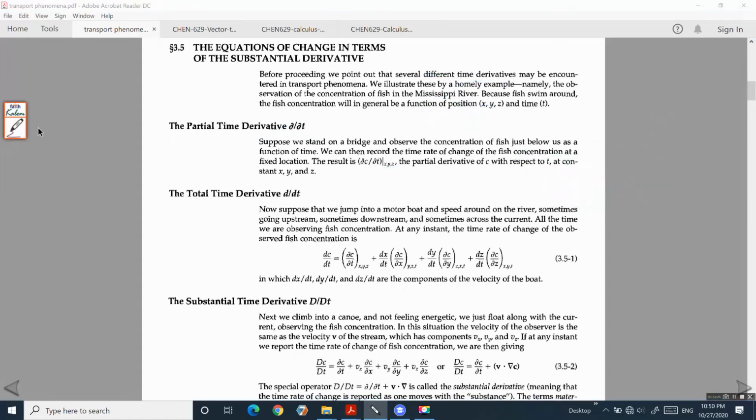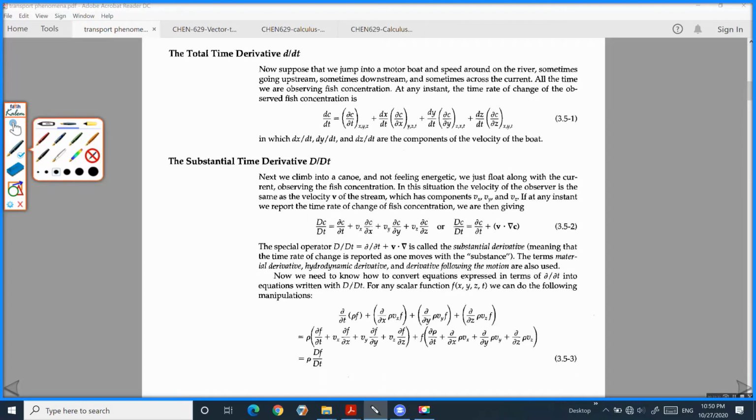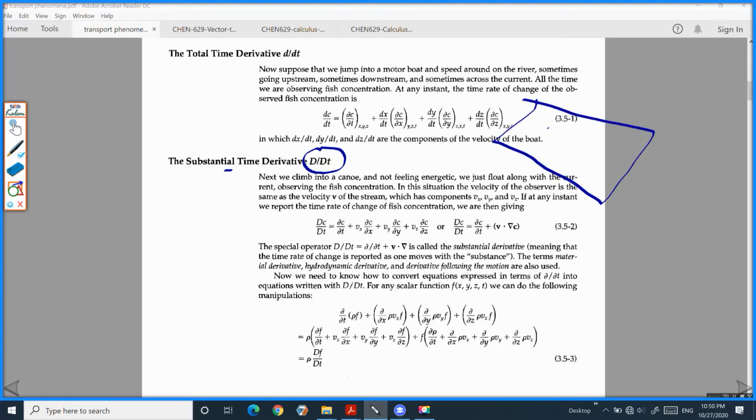In the third definition, we have the substantial time derivative, which we represent by big D over dt. Now in the next case, let's say you climb into a canoe and, not feeling energetic, just float along with the current. You are still in the river, in the boat, but you are not doing anything, just going with the flow of the river.